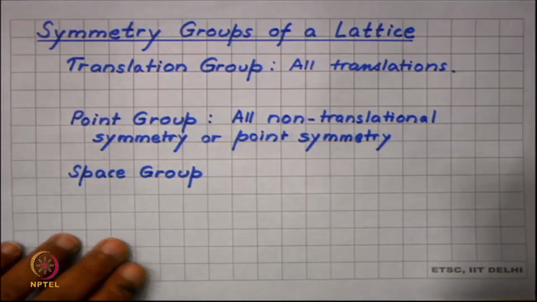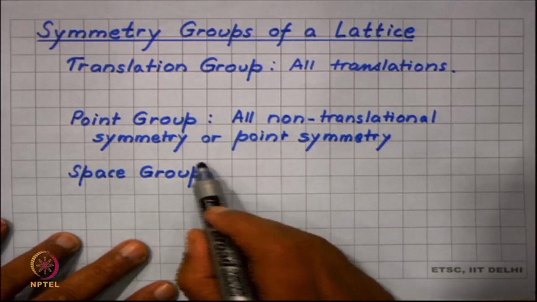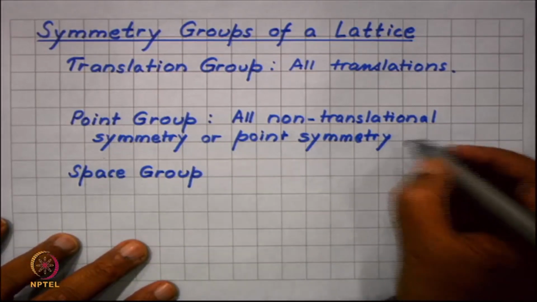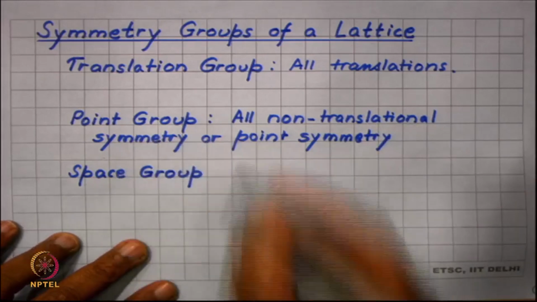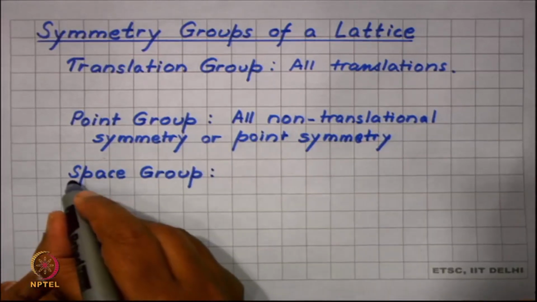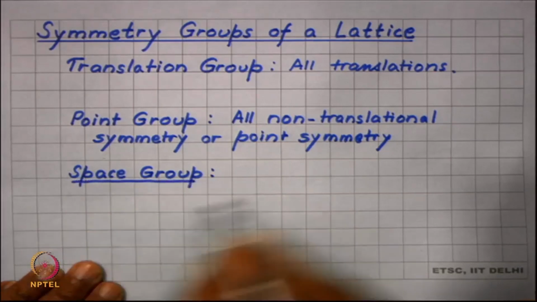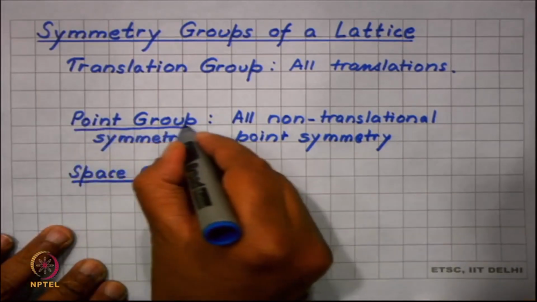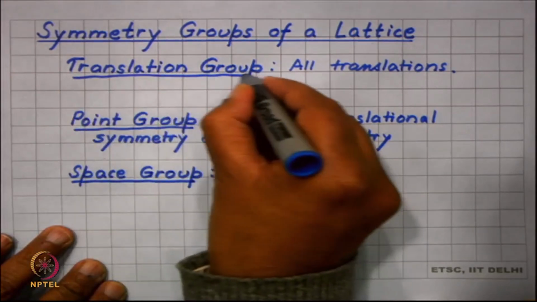All non-translational symmetry or all point symmetry form a group which is called the point group, and a space group, we are now defining space group, point group and translation group.